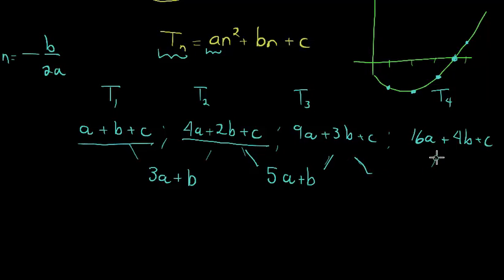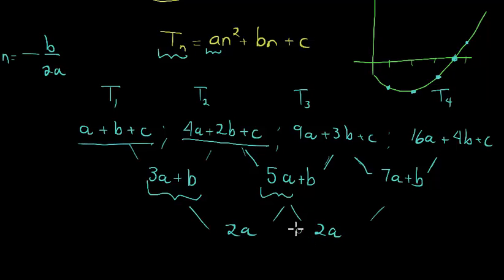Between here and here, what do I get? 7a plus b. Can you notice the arithmetic sequence? What's my first term? 3a plus b. What's my constant difference? 2a.